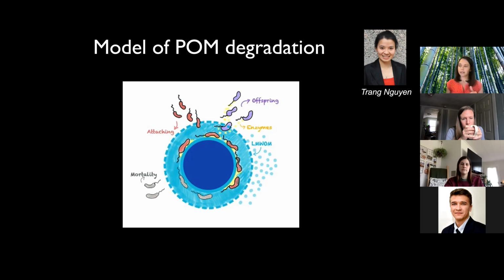They secrete enzymes that convert the particle to low molecular weight organic matter, which is what they're actually taking up to grow on. And this low molecular weight organic matter can diffuse away from the particle, or also be lost through advection as the particle is sinking.